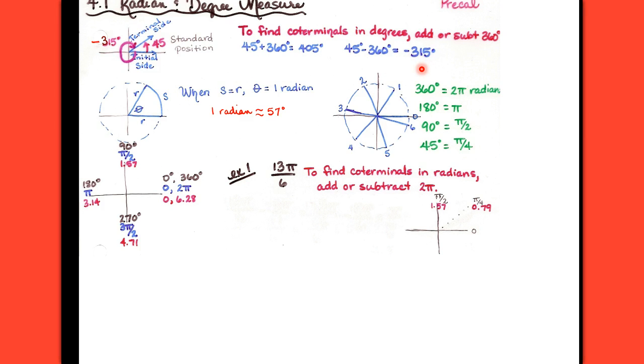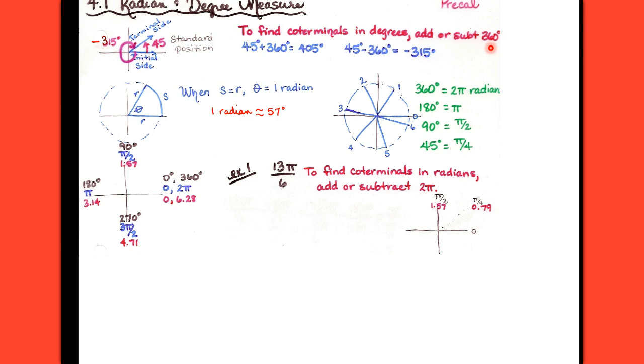We said that 45 is a whole lot easier to work with than those other two. If you're going to have to graph this thing, go ahead and get the coterminals first. They said sketch the graph and find coterminals. Find the coterminals first because you might find one that's a whole lot easier to graph than the 13 pi over 6, right?